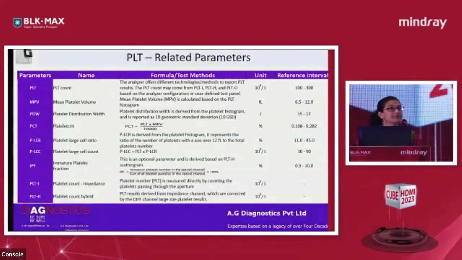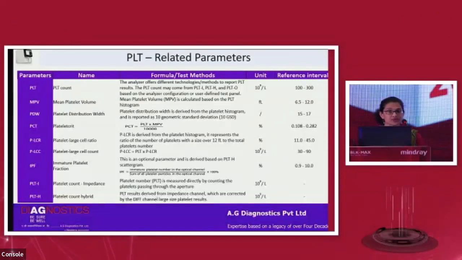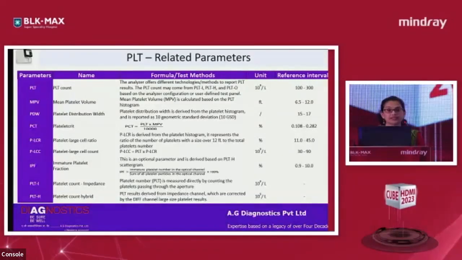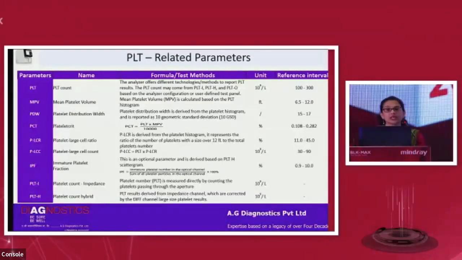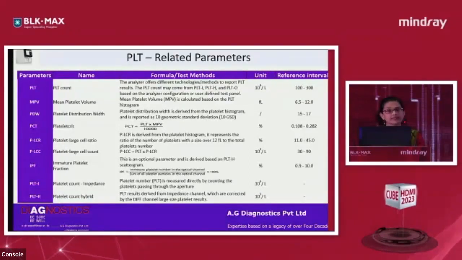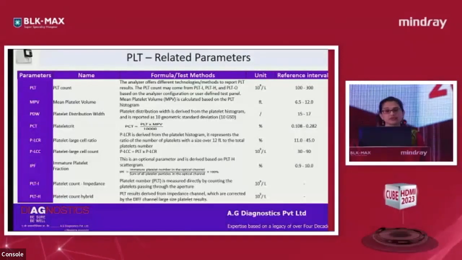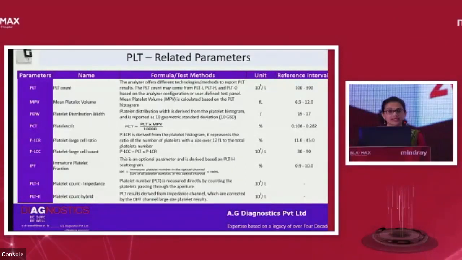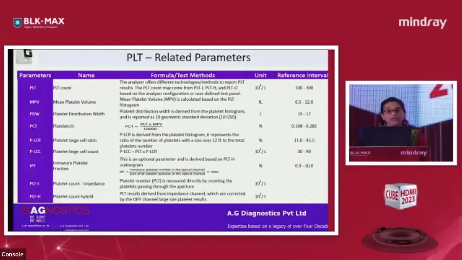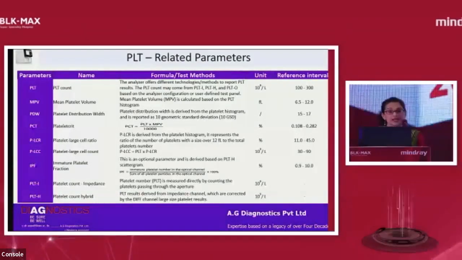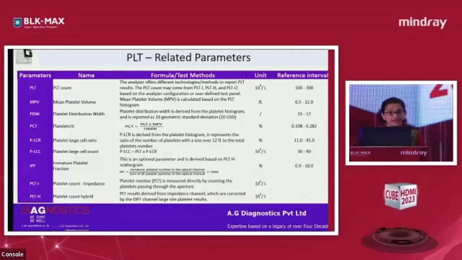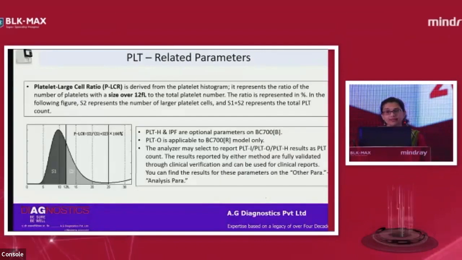So these are the various platelet parameters available on this instrument. Platelet count I've already discussed, mean platelet volume, which is calculated based on the platelet histogram, platelet distribution width derived from the platelet histogram as 10 geometric SD, platelet crit. But what we also have is the platelet large cell ratio, immature platelet fraction, and the platelet count hybrid.